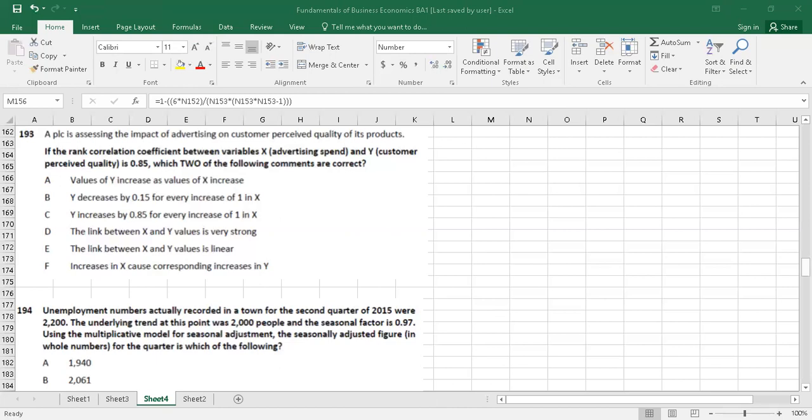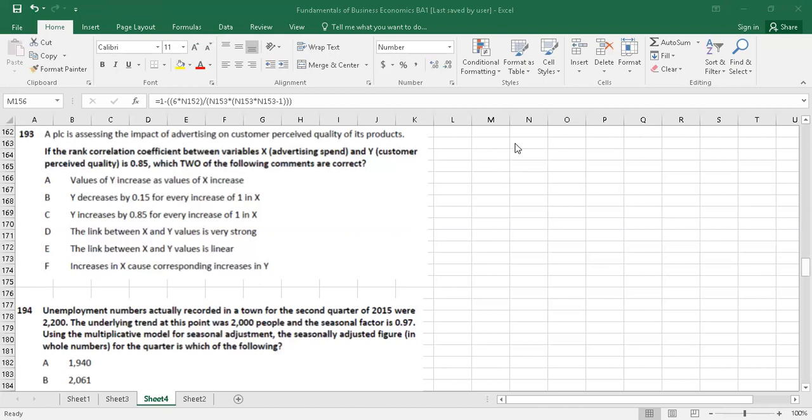It is not the gradient or the slope. So C also cannot be selected. 0.85 is the r value, not the b value. Therefore, it is not the correct answer.